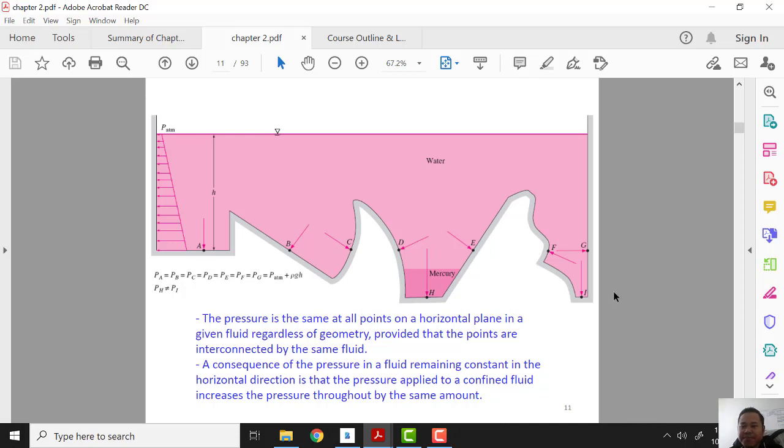I and H are also at the same horizontal line, but they are not the same fluid. At I, the fluid is water. At H, the fluid is mercury. Mercury is heavier than water, so the pressure at H is higher than at I, although they are on the same horizontal line. Because they are different fluids, the pressure is different.